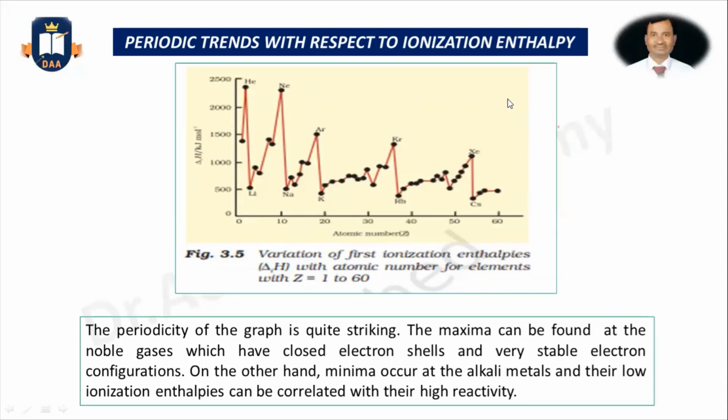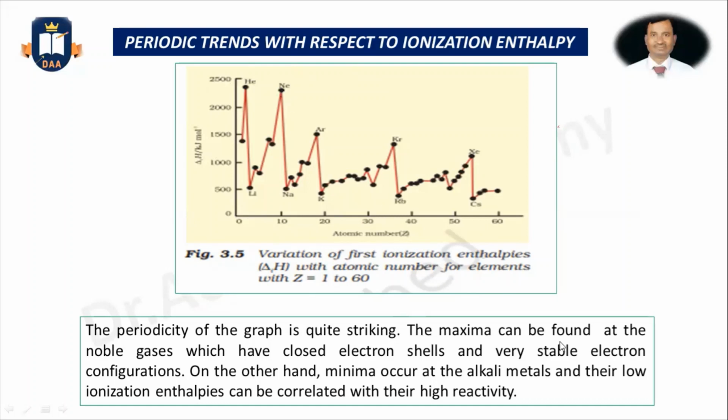In this figure, you see the variation of the first ionization enthalpies with atomic number for elements 1 to 60. Here you can see the maxima. In each of these maxima, a noble gas atom is sitting.